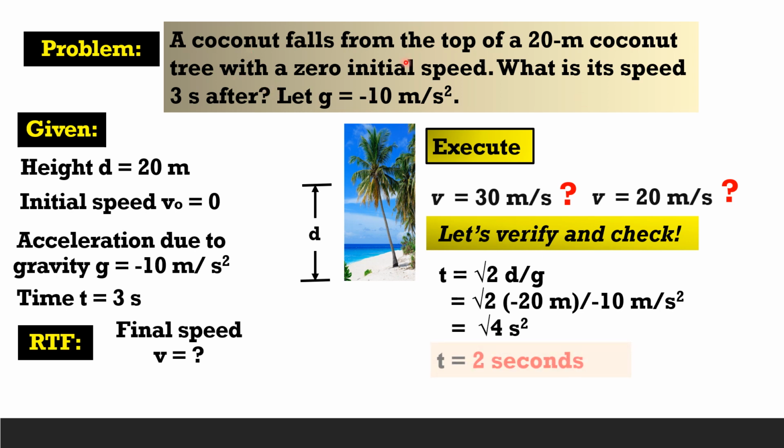So asking the question, what is its speed 3 seconds after, is some kind of a trick in this question.